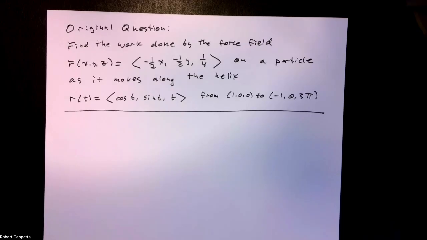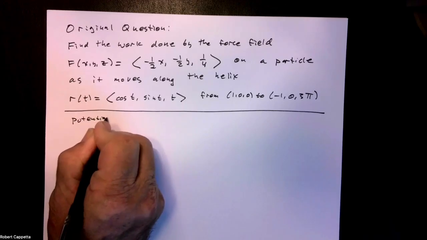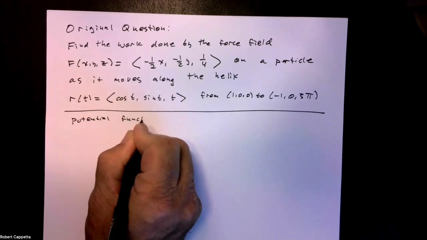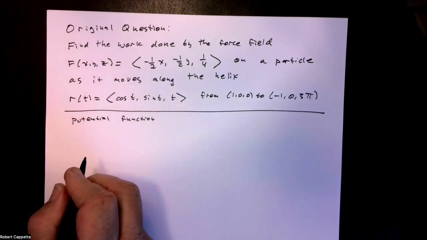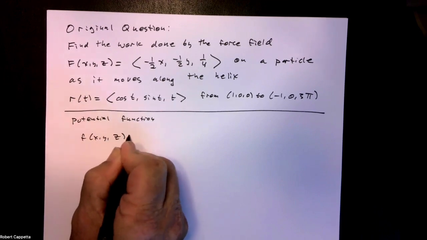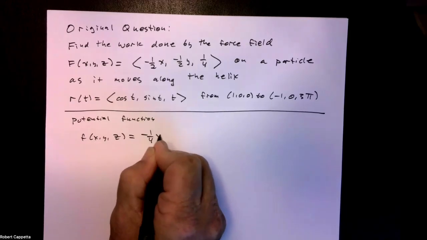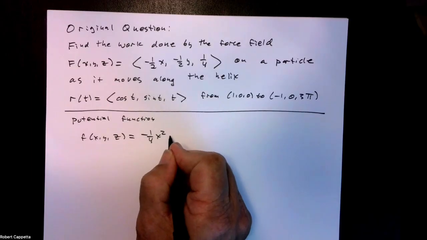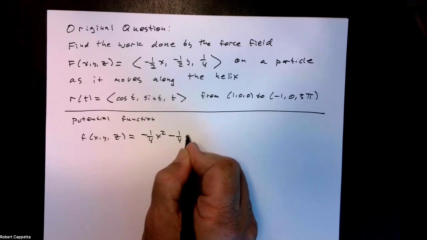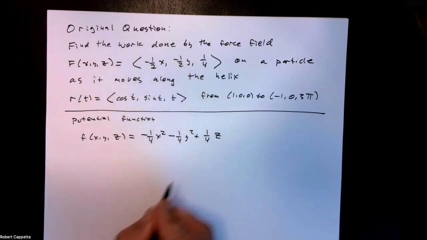So recall this was our original question. We wanted to find the work that was done. Now we found the potential function. We said that was f of x, y, z equals negative 1/4 x squared minus 1/4 y squared plus 1/4 z.